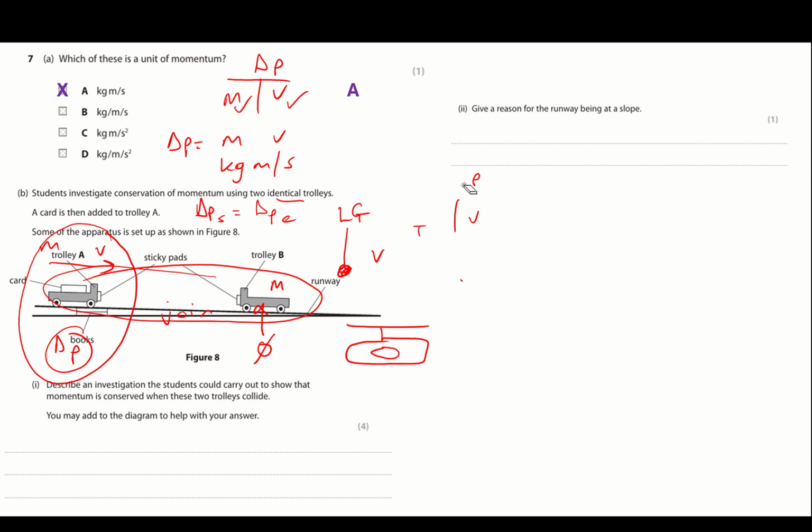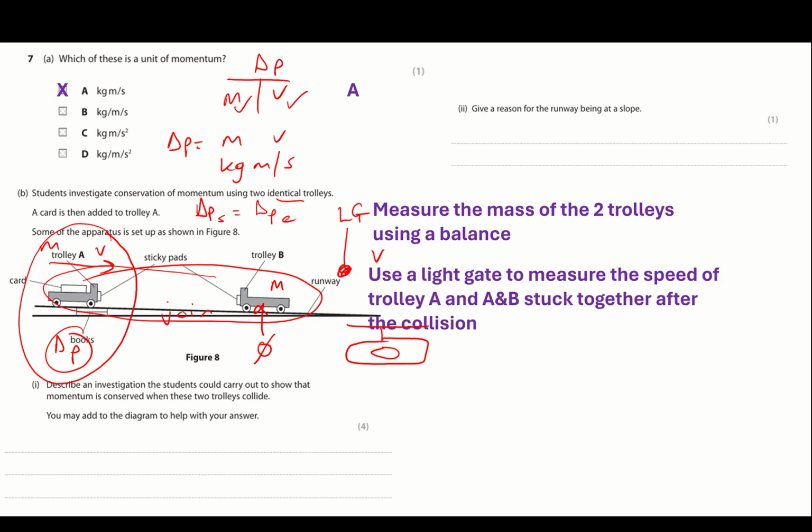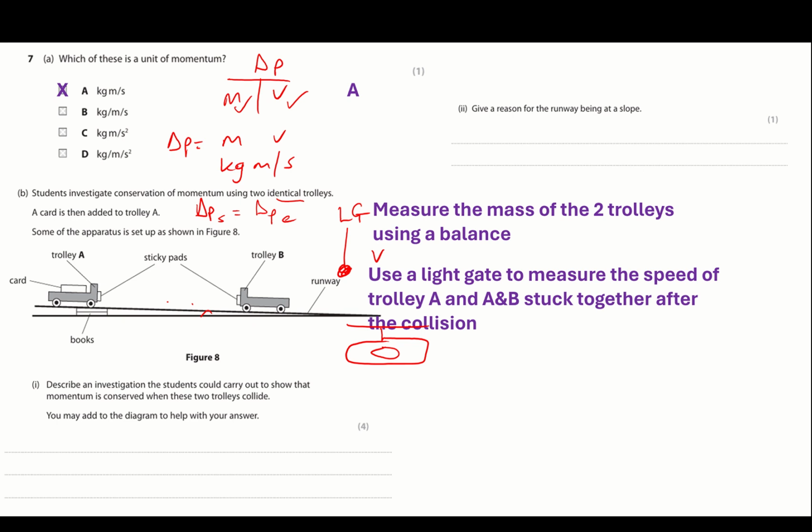So if I just delete this, just so that my words aren't messed up. So measure the mass of the two trolleys using a balance. Use a light gate to measure the speed. Now I'm just going to get rid of all of this so that I go more slowly through it. So there's our light gate ready. And we've measured their mass. So we want to measure the speed of V. So let's put another light gate here.